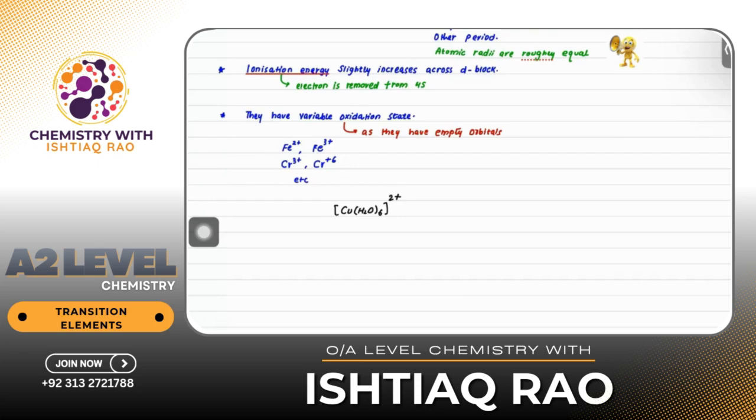Hydrated copper sulfate is blue, which means that water is going to attract the copper 2+ ion from 6 sides. That's why I have written Cu with H2O taken 6 times.